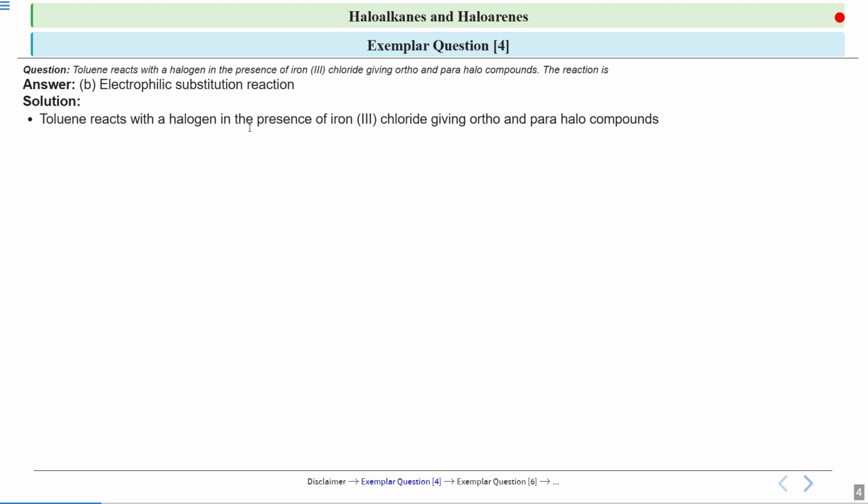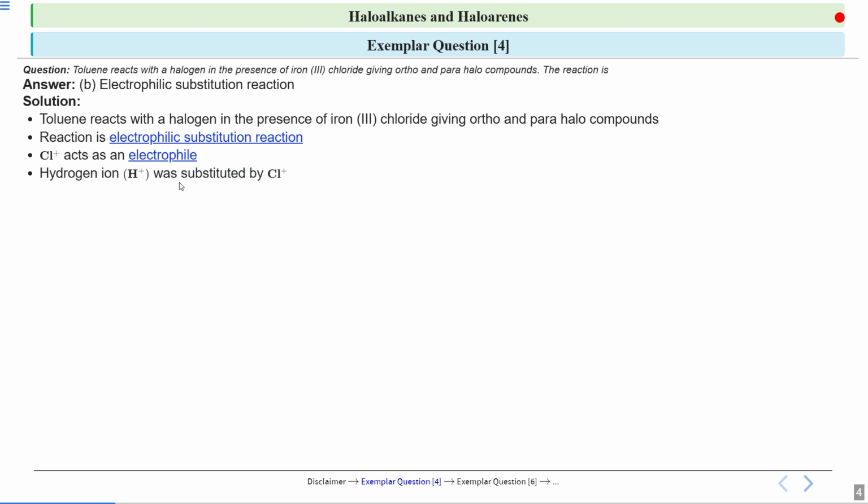When it reacts with the halogen in presence of iron chloride as a catalyst, it gives us ortho and para substituted halogen compounds, and the reaction is an electrophilic substitution reaction. In this reaction, the Cl positive acts as an electrophile which attacks our electron rich benzene ring, and the hydrogen, that is H positive, is substituted by the Cl positive electrophile.